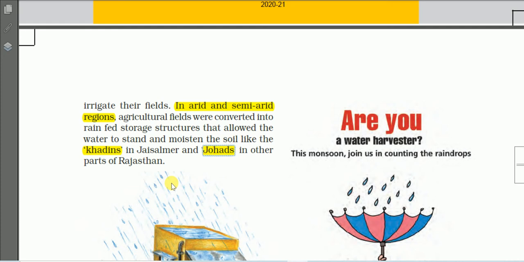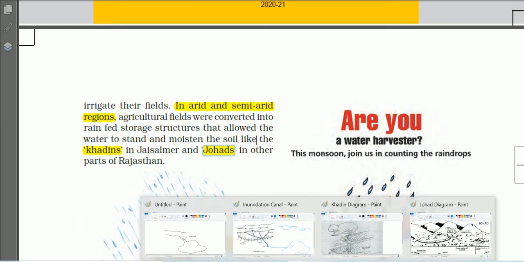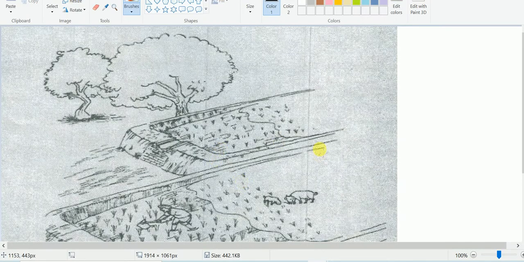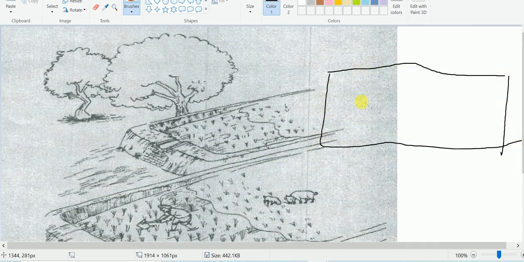For that, for example, this is the agricultural field, and here we need to construct small bunds like this, as you are seeing here. So let us say these are the bunds.